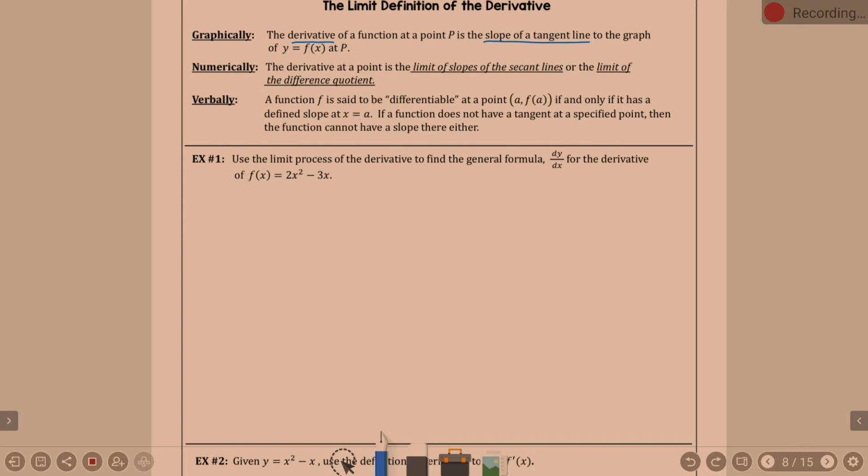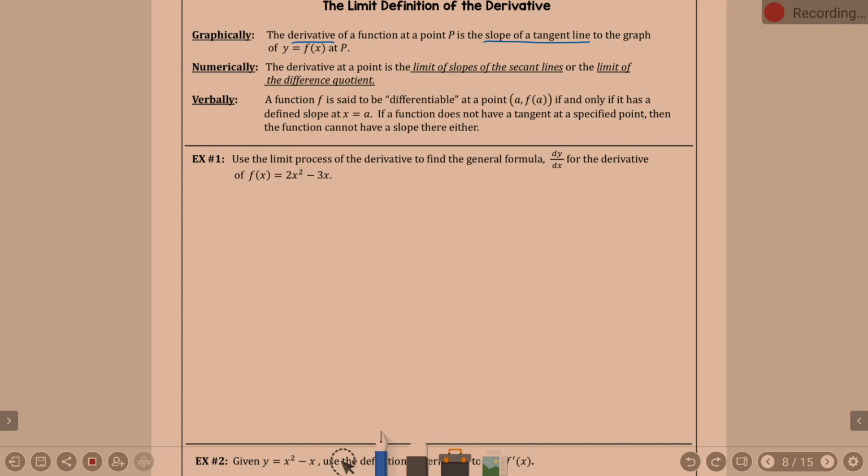Numerically, the derivative at a point is the limit of slopes of the secant lines, or the limit of the difference quotient. So that's numerical. Verbally, a function is said to be differentiable at a point if and only if it has a defined slope. So the slope has to exist at that point for us to be able to take the derivative.